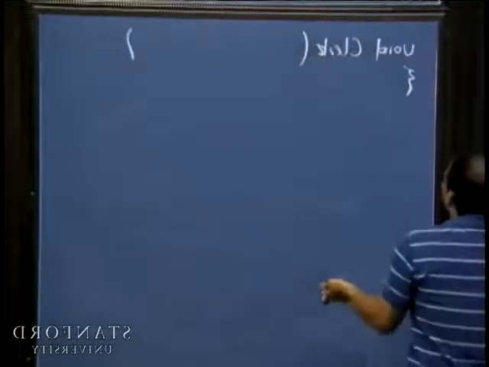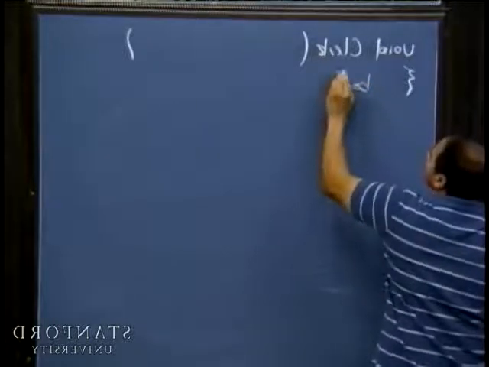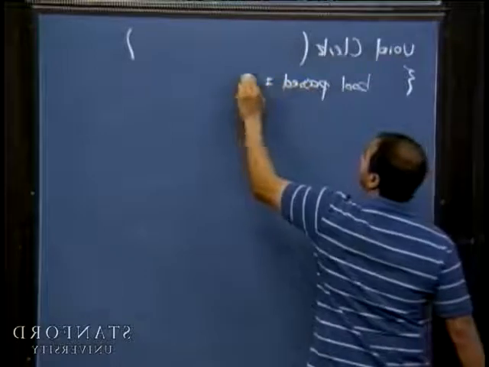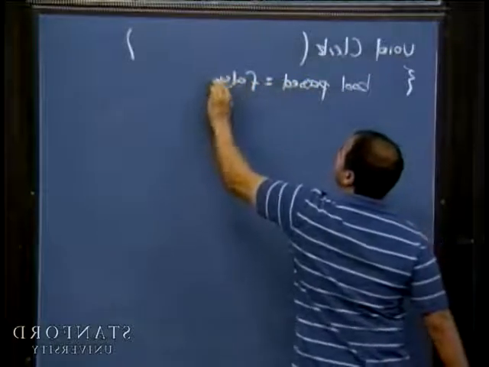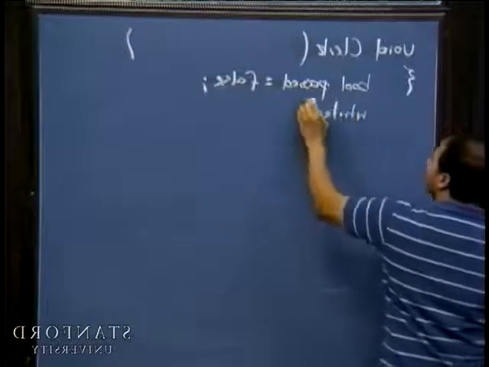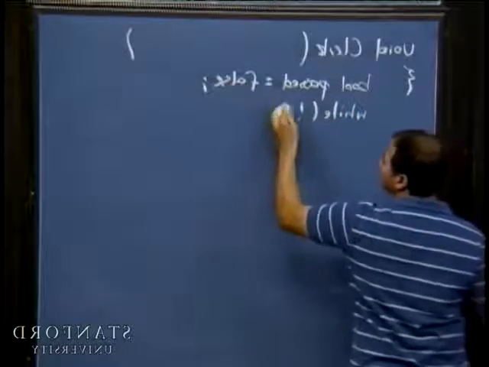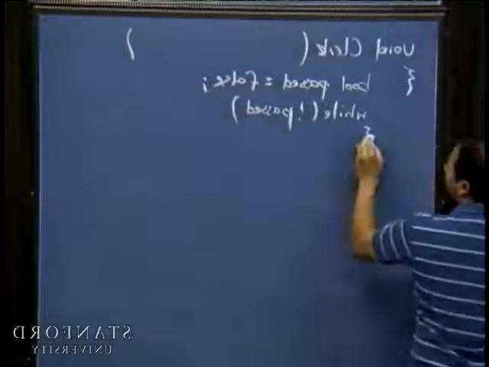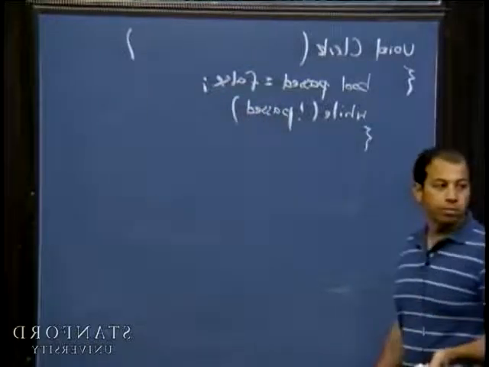So let's see. The clerk basically starts with a cone that doesn't pass. So Boolean passed is equal to false. And while you didn't pass, you basically need to make a cone, right?